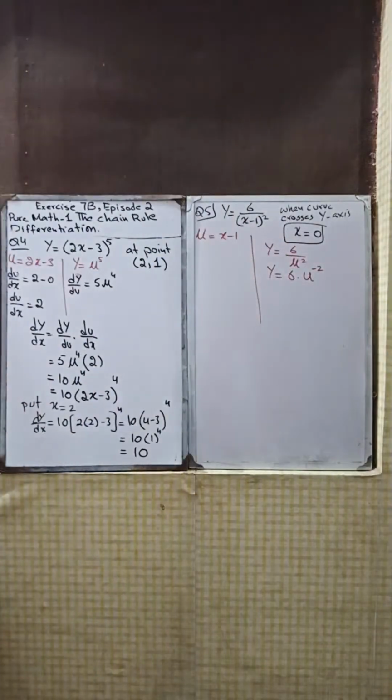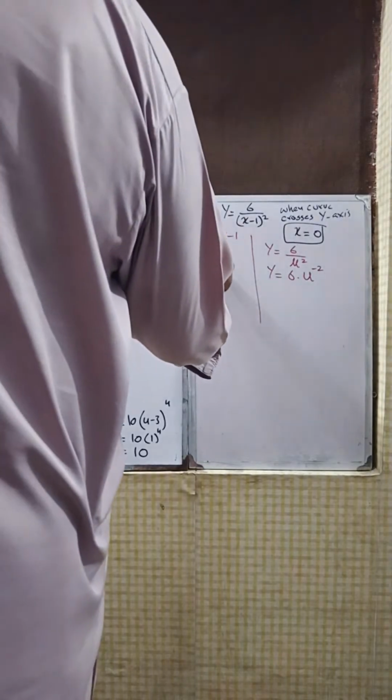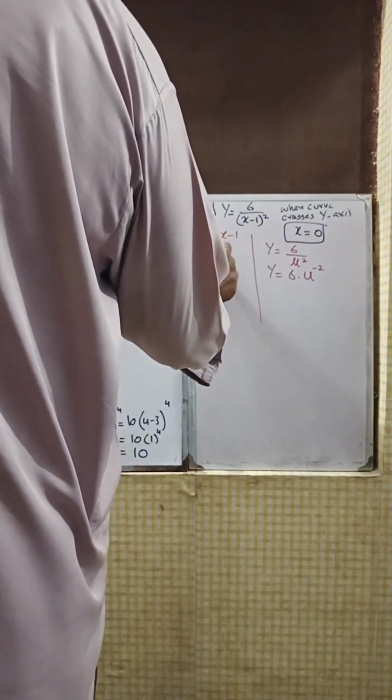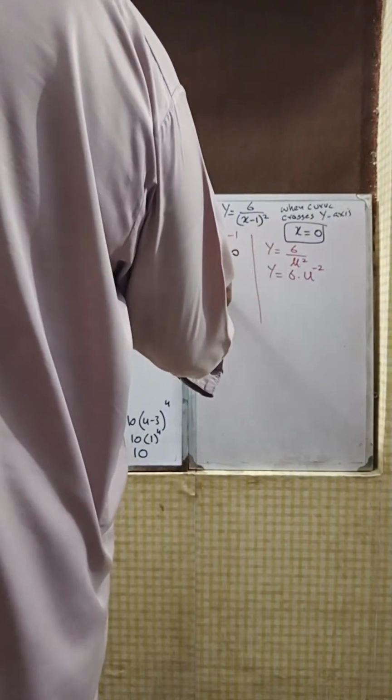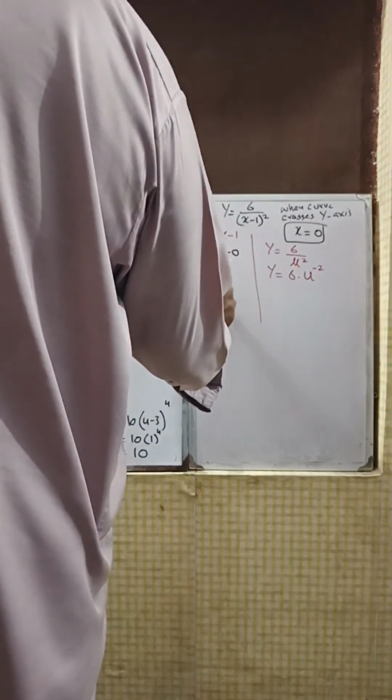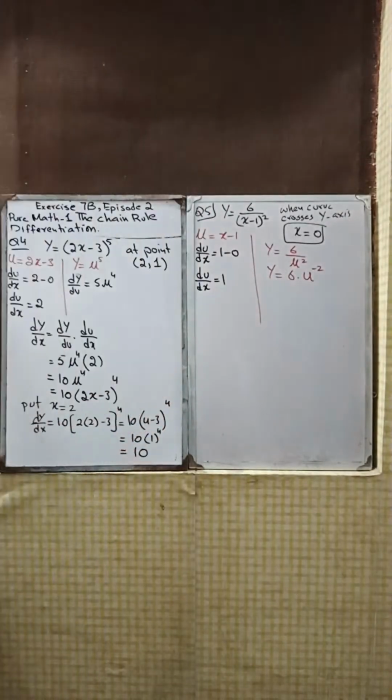So we are going to differentiate it, and du by dx will be equal to 1 minus 0. So du by dx will be equal to 1. You see, I differentiated u with respect to x.